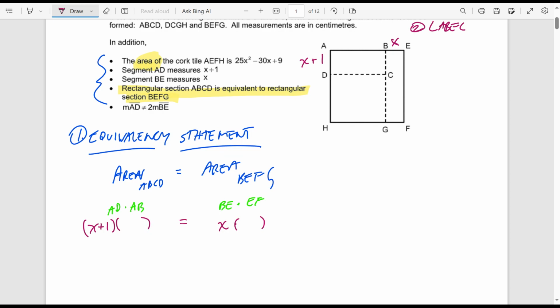How can I get those pieces with the information I've already been given? Some of you already started it, and it's the one thing I want you to do. If you got here and you're like, no idea what to do from here, what's the only math skill that you can execute right now? Yeah?